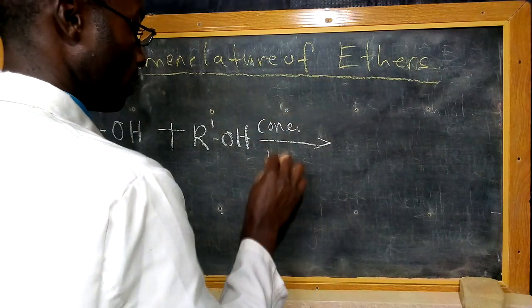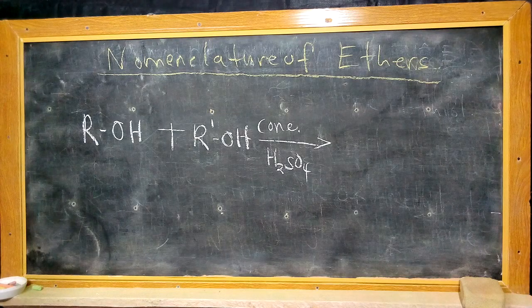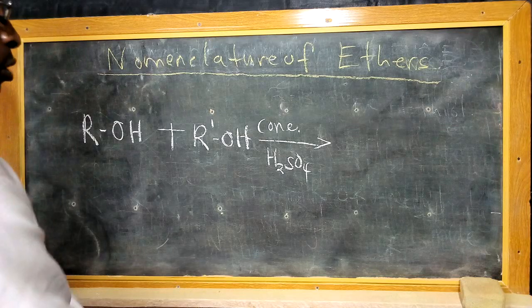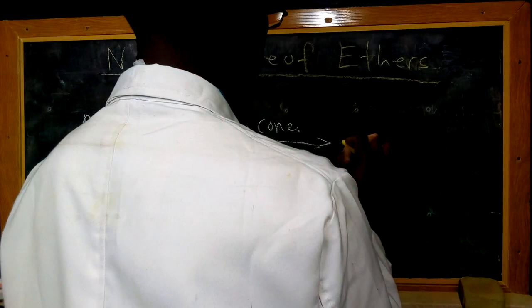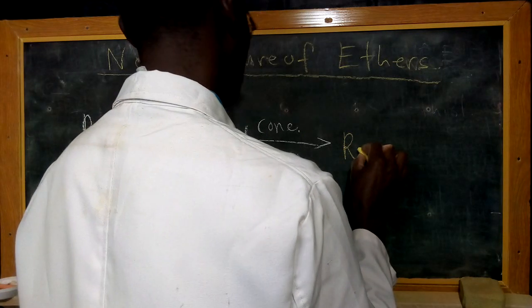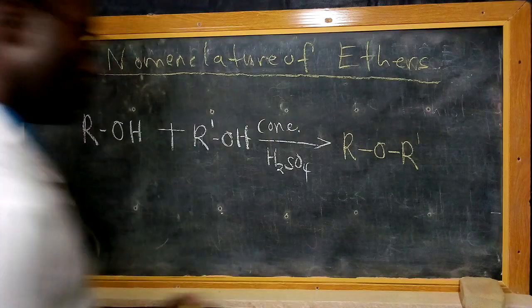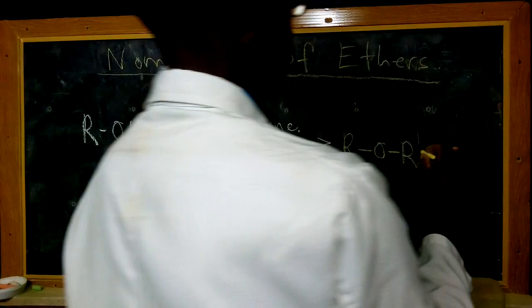This will result in the formation of an ether by removing a water molecule from these two alcohols. So we shall have a product that contains R and R prime, the first and second one respectively, plus a water molecule.